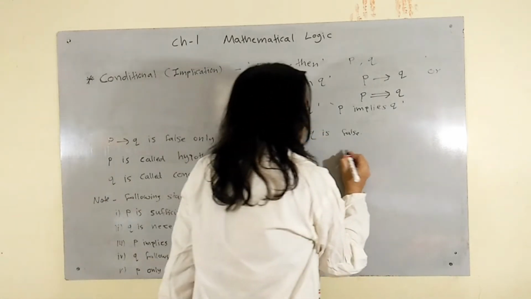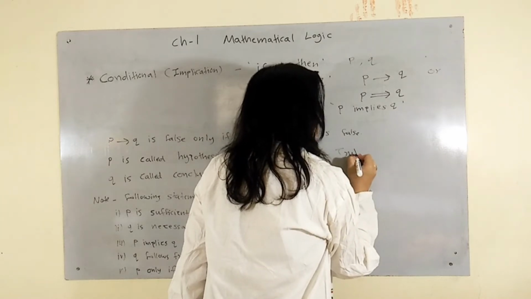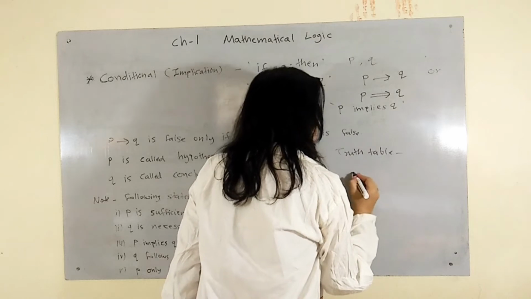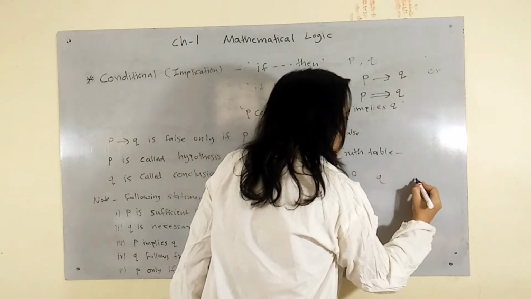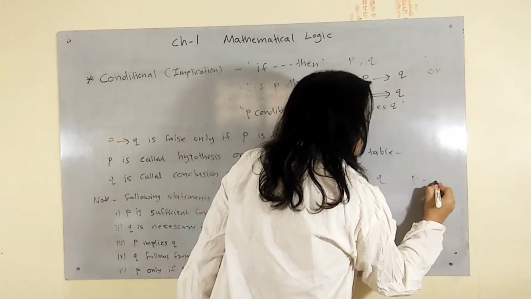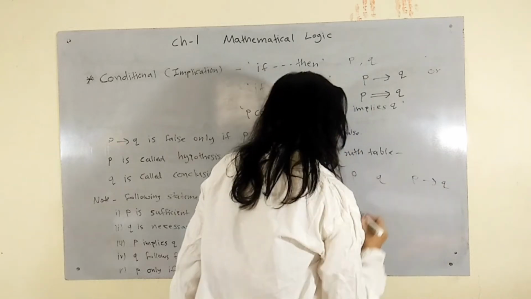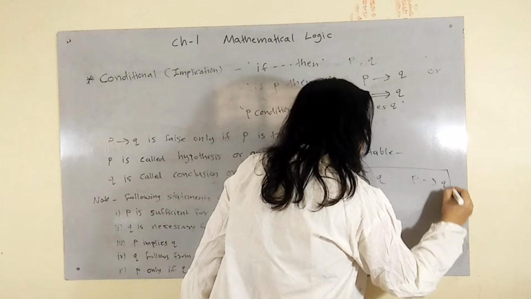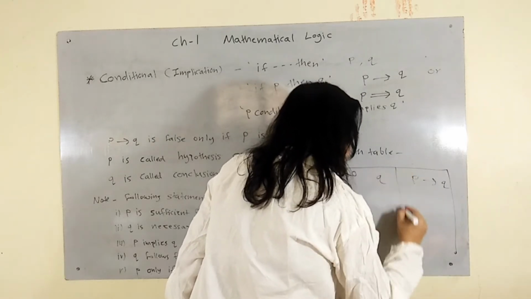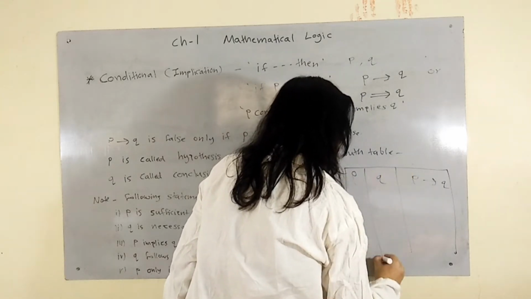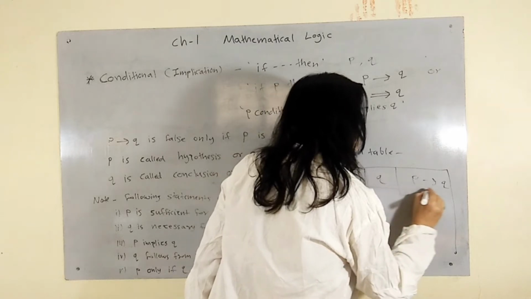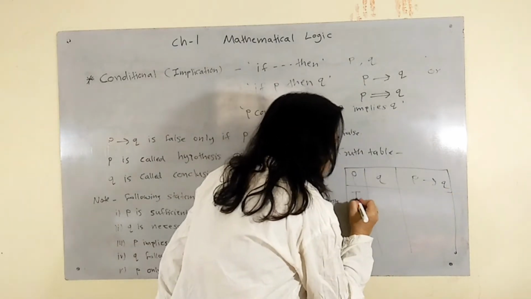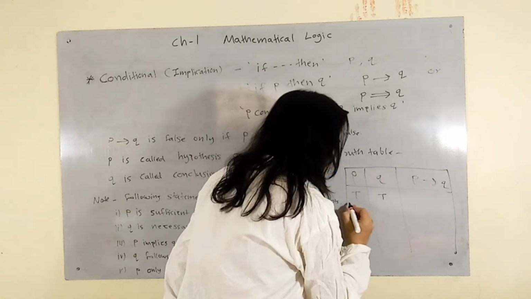So the truth table: P, Q, P implies Q. Here we take different values of P and Q. P is true, Q is true.